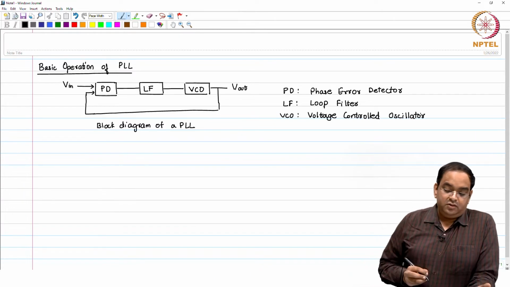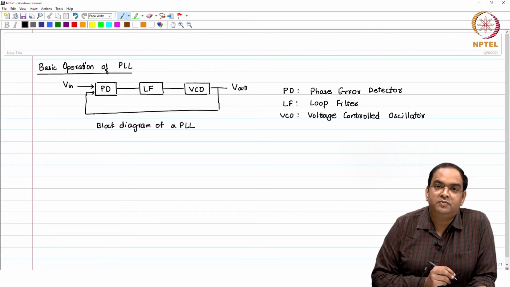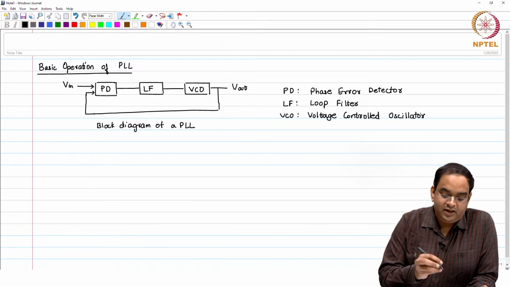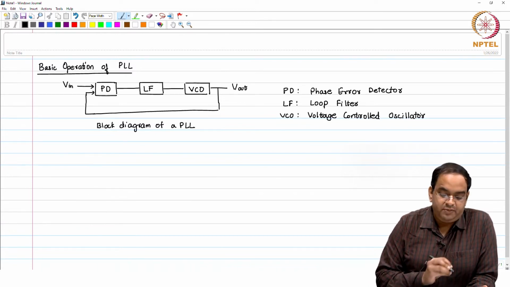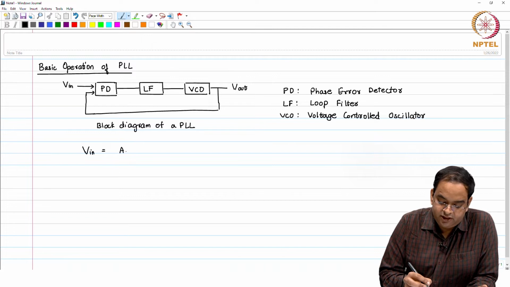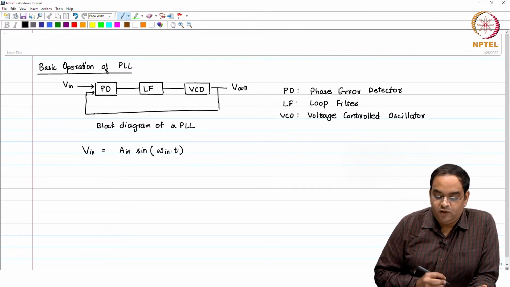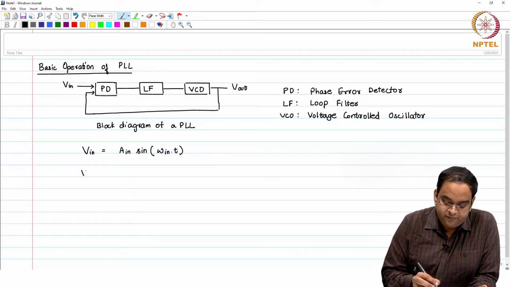If this is a PLL, it should generate some periodic signal at the output, and this particular PLL has a periodic signal at the input too. Here V in is a sinusoidal input, A in times sine of omega in times t, where omega in is the frequency of the input signal.